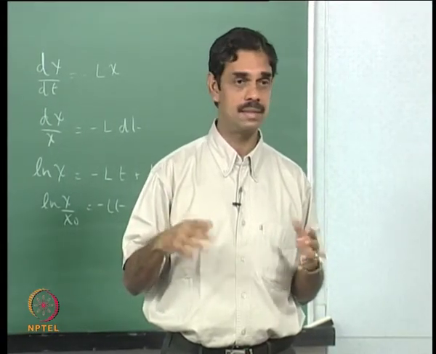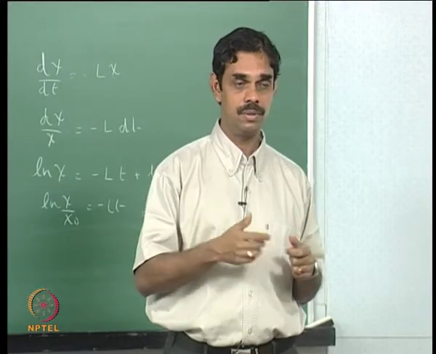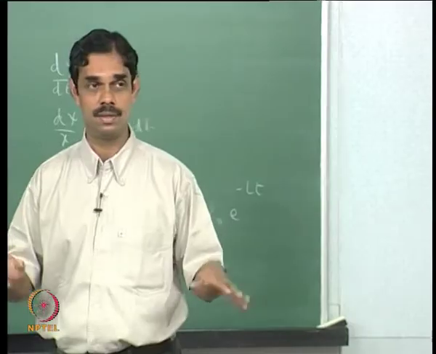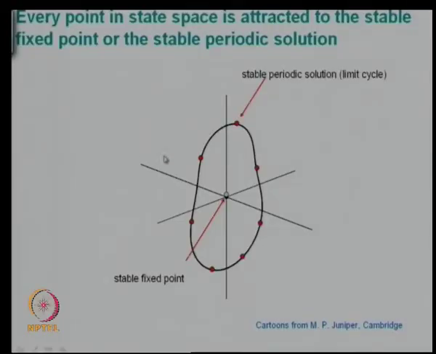There is something called Takens' embedding theorem, and if you have time series data, from that you can construct the phase space and so on. I do not want to discuss any of this, but in this phase space this is our stable fixed point and this is my stable periodic solution, which is also called limit cycle. Now the issue is which is the smallest energy which will take you to the limit cycle.